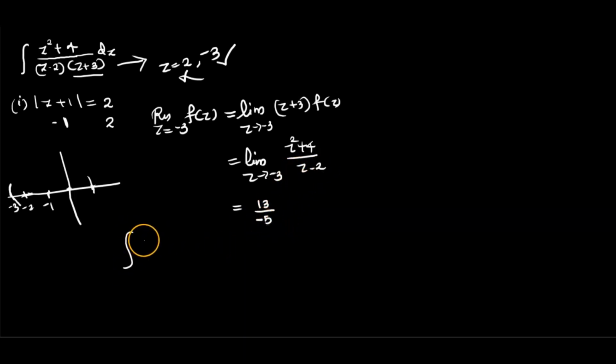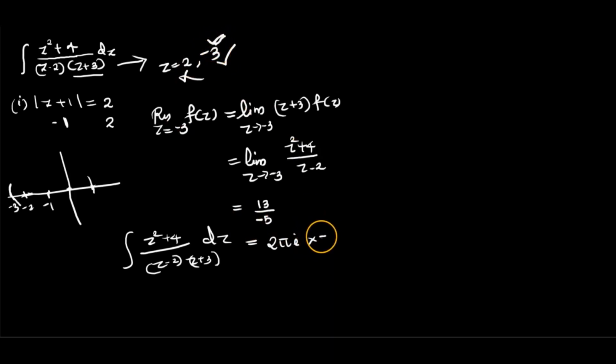So the integral equals 2 pi i times the sum of residues. Only z equal to minus 3 is the singularity inside C, and the residue there is minus 13 by 5. So our answer is minus 26 pi i by 5.